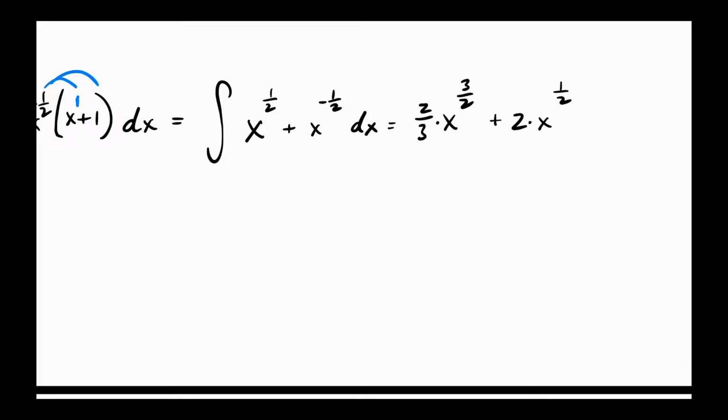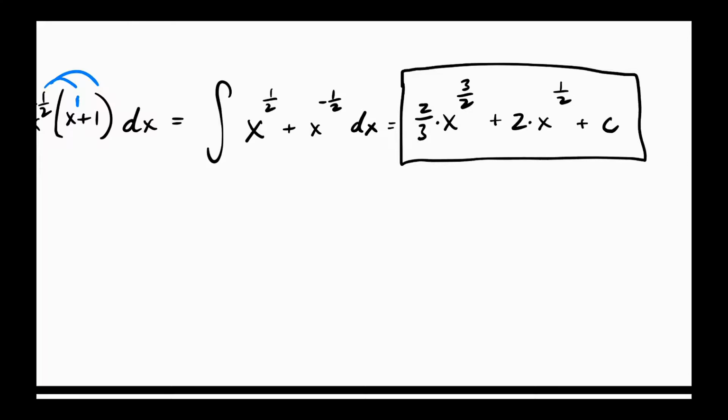Don't need the 1 anymore. Plus c. Done. I mean, you can change it around. There's no negative exponents, so there's really nothing to change. There's nothing that cancels out. That's a good answer right there.